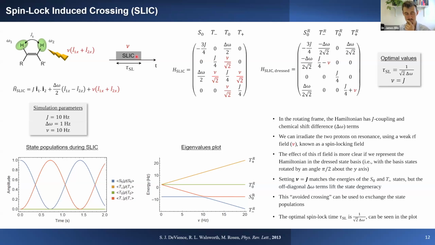Okay, so in terms of what you're doing in the experiment, it's very similar. But you're choosing a value of this spin locking field to equilibrate two states in the system. And it turns out that because the state energies differ by a J coupling, this value has to be very, very small.